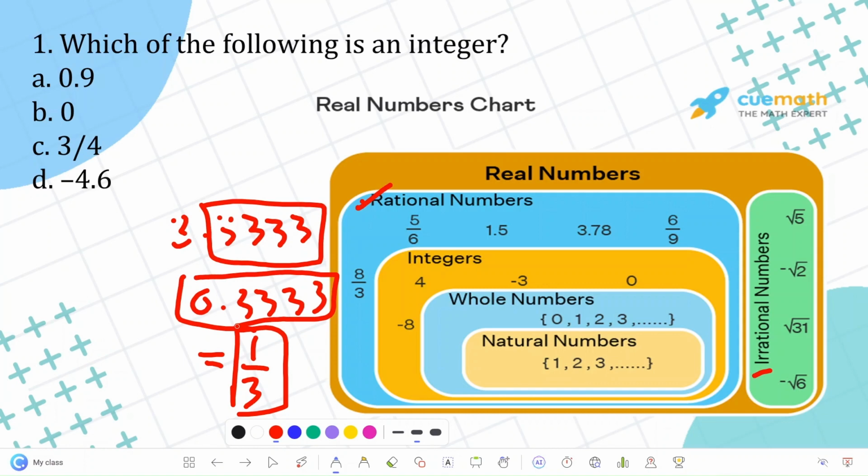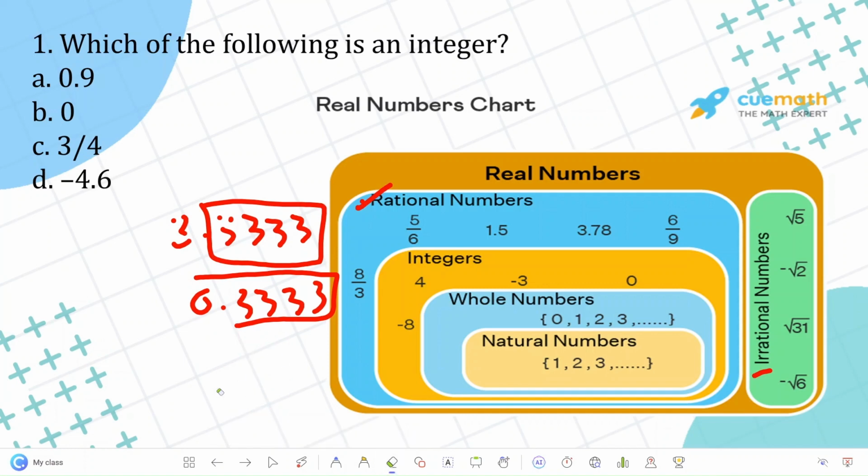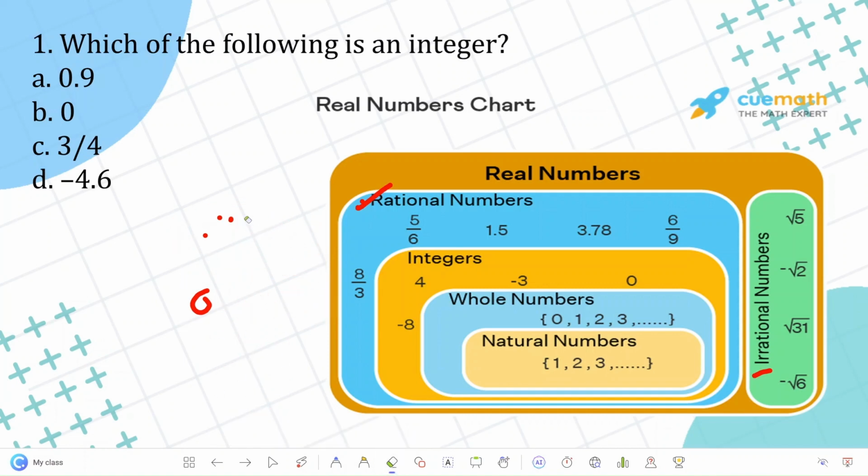So, kaya po, pag repeating and non-terminating, ito po ay rational numbers. Isa pa pong example niya ay ang terminating na number, kapag sinabi mong 0.321, this is an example of a rational number.